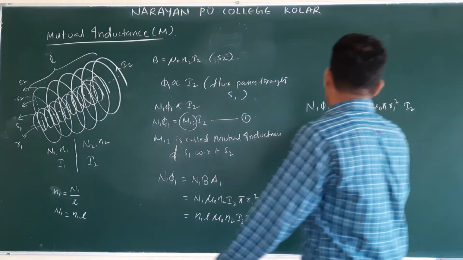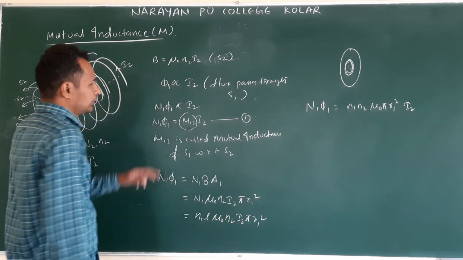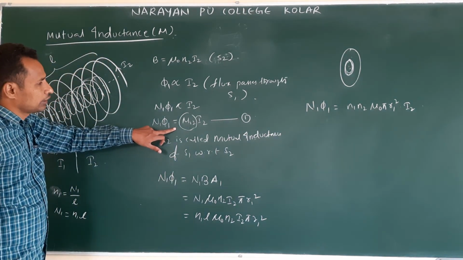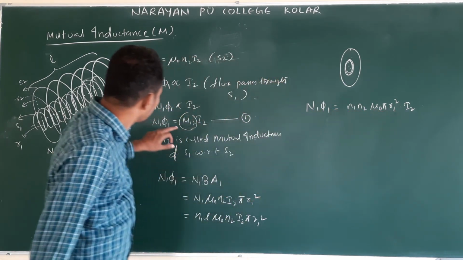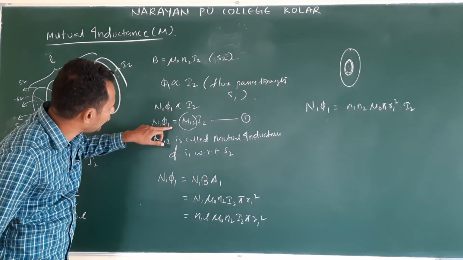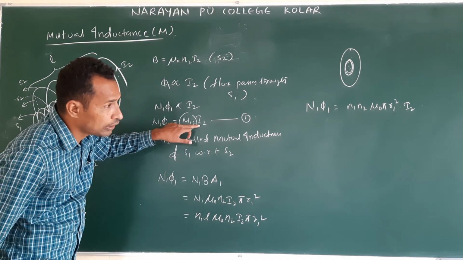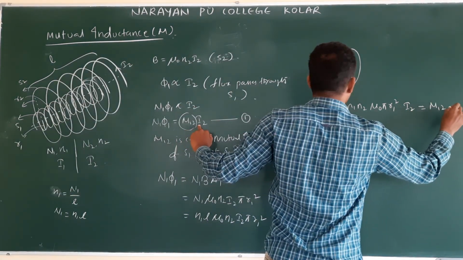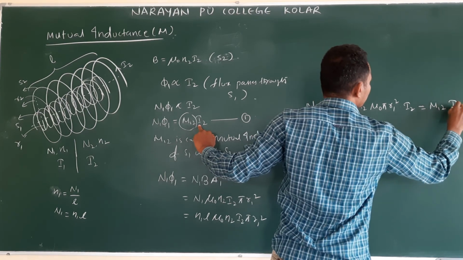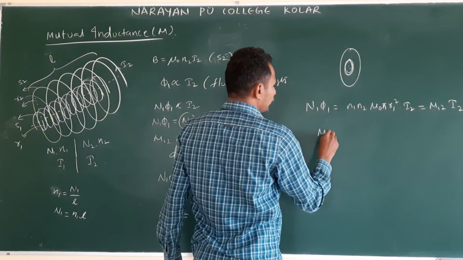You compare this with equation 1. According to the first equation, N1 phi 1 is equal to M12 I2. Equate this. What is M12?